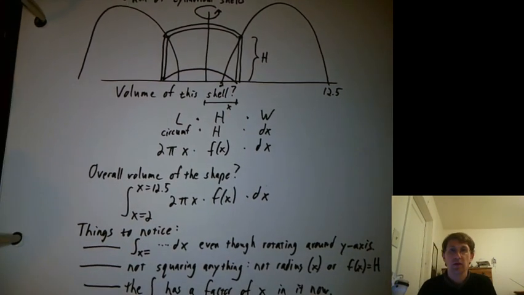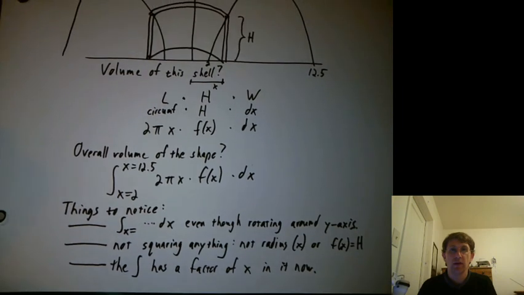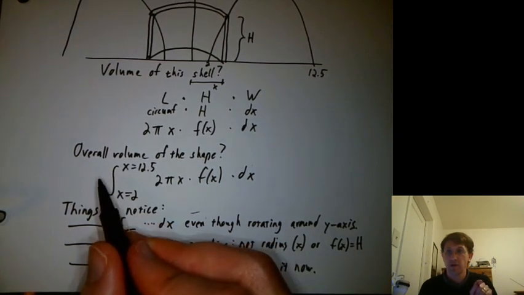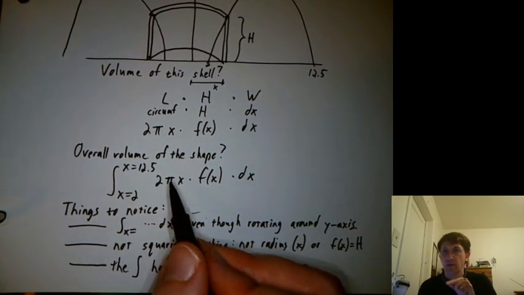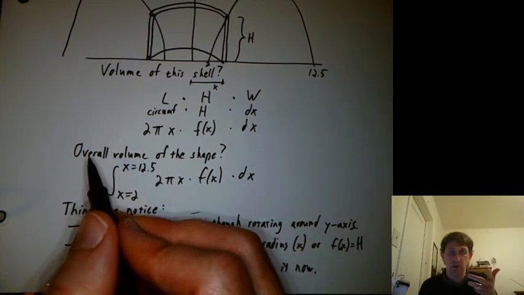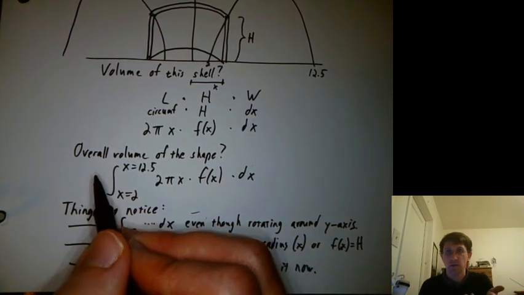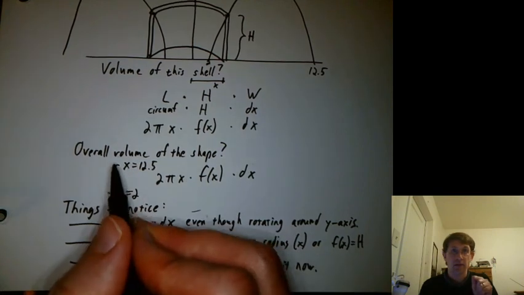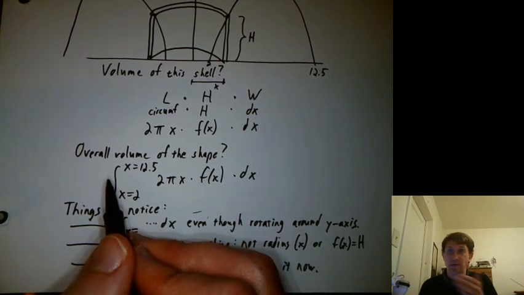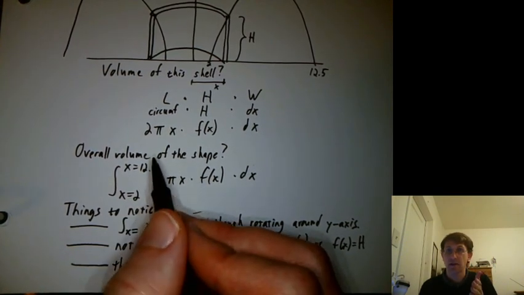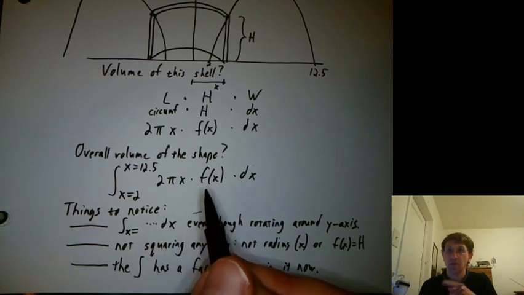We can move, if we need to, the 2 out in front of the integral. It's a constant multiplier. We can move the pi out in front of the integral if that makes life easier. That's a constant multiplier. Can we move the x out in front of the integral? It's a multiplier, but it's not constant. It changes as x changes in this region, so we can't move the x out front.